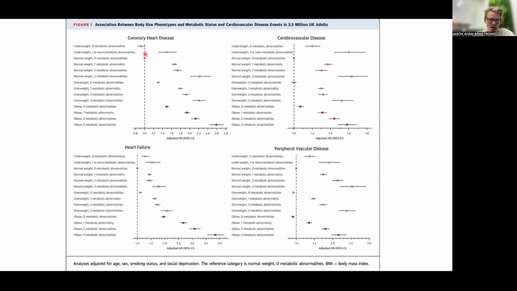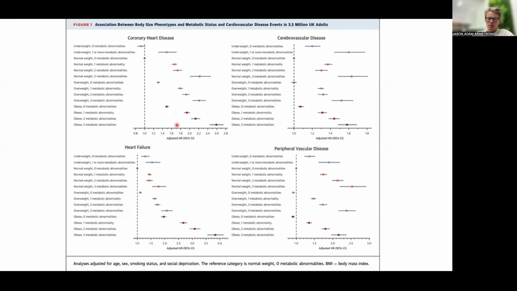If they have one metabolic abnormality, I come over here, I draw a line down, I'm looking at a hazard ratio of maybe 1.5. So 50% increased risk of coronary heart disease if you have one metabolic abnormality and you're underweight. Then I compare a normal weight with zero metabolic abnormalities to one metabolic abnormality. Huge increase in risk here, right?